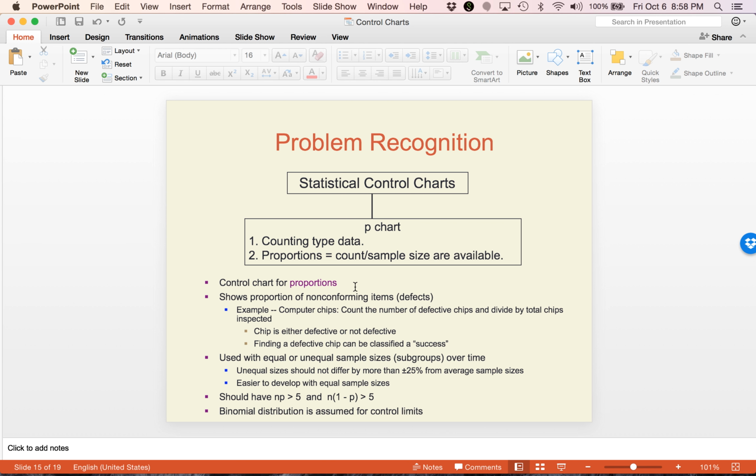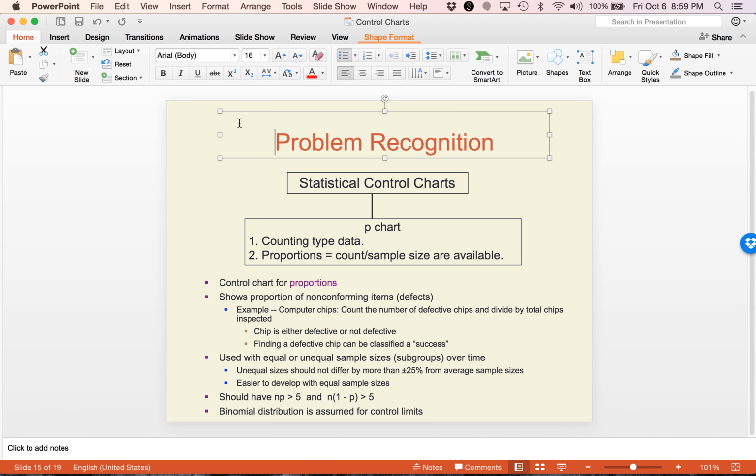So we need to make sure that the proportion that we have times the number we have is more than 5. This is a very mild thing. It's almost always okay as long as you have enough points. But this basically just says we have enough variability to actually determine what the binomial distribution actually sets as the limits. In practice, it won't be a big issue.